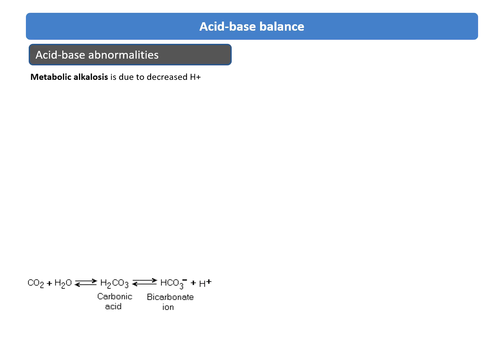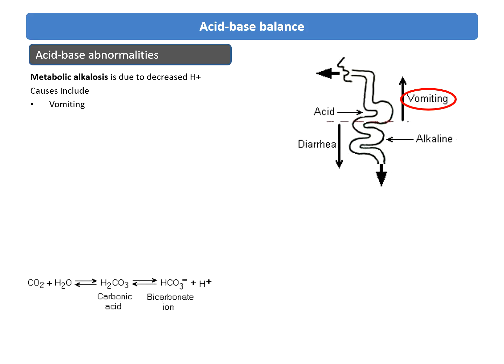Metabolic alkalosis is due to a decrease in hydrogen ion concentration. Causes include vomiting, which gets rid of the acid upper contents of the GI tract, leaving an excess of the alkaline lower content. Nasogastric suction, which might do the same thing.